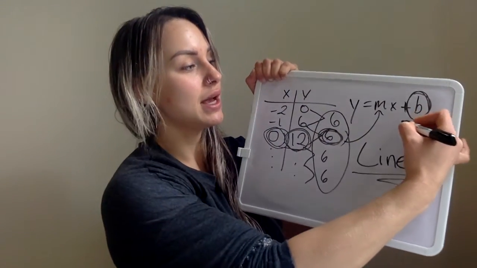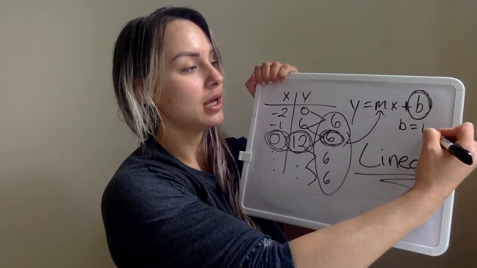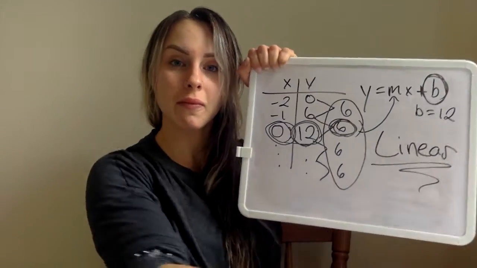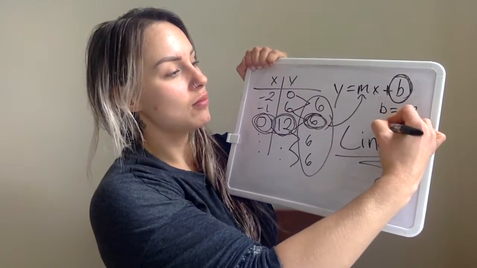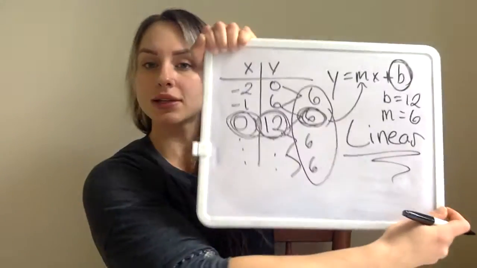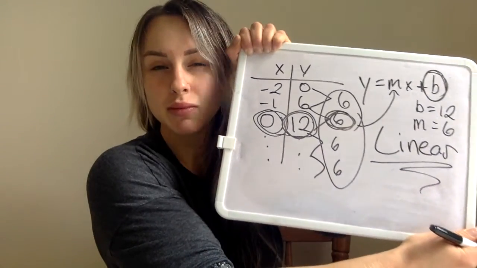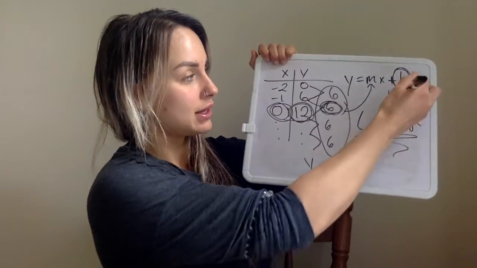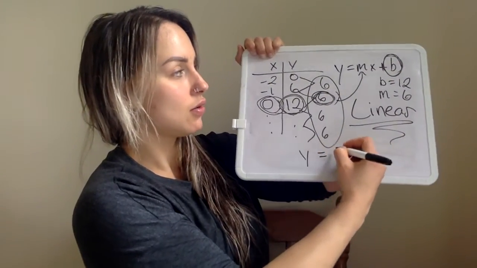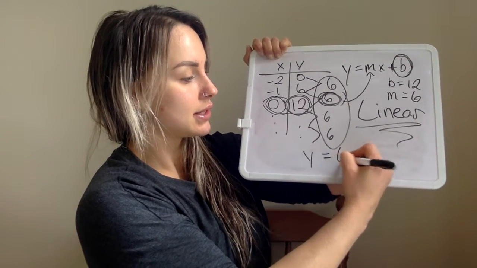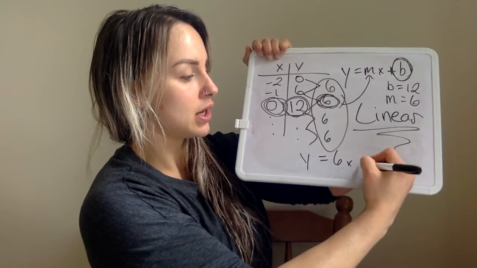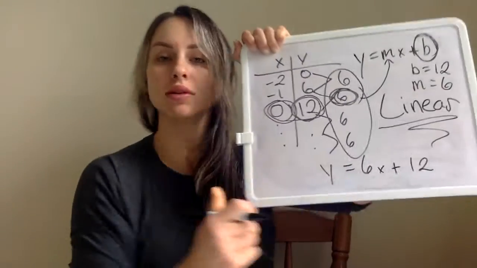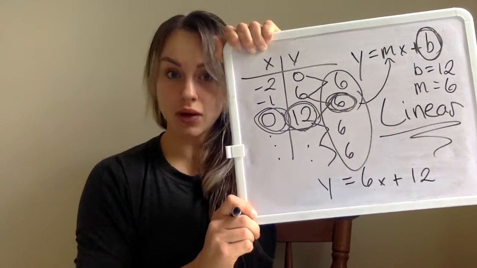So our b-intercept is 12, and our m is, again, 6. So when we write this equation, we just plug this information in: y equals 6x plus 12. Okay?